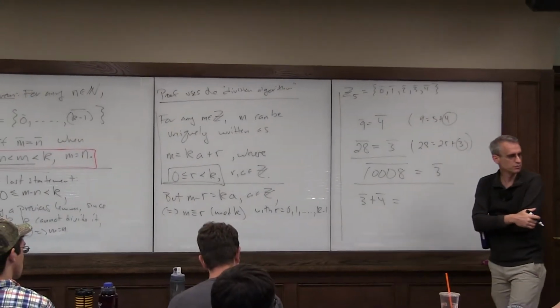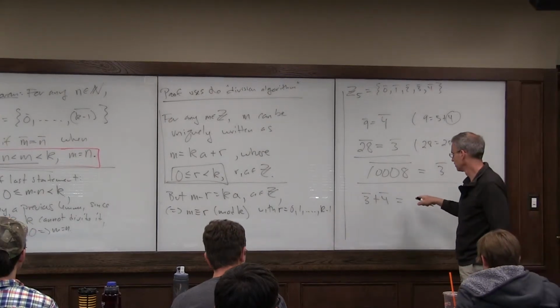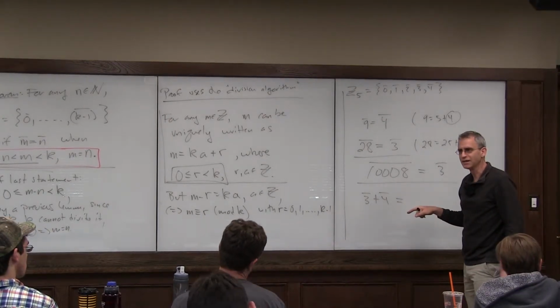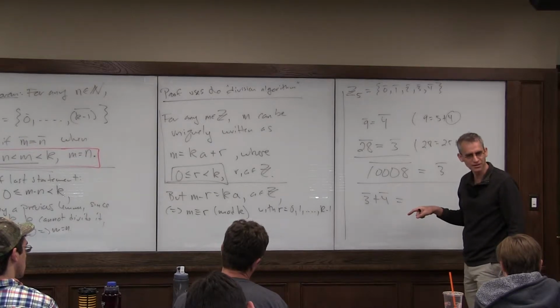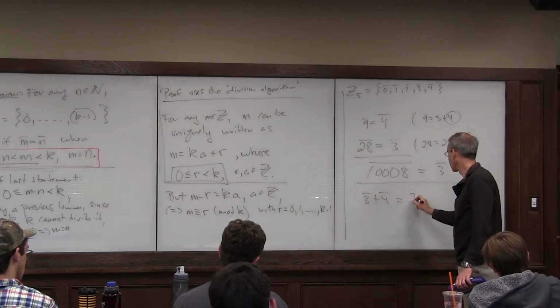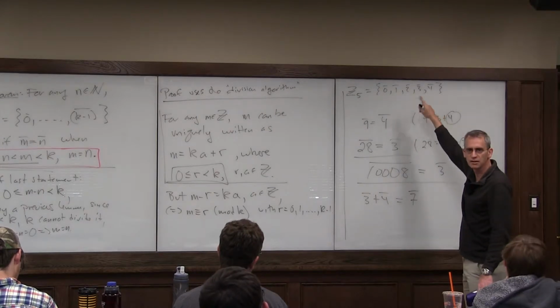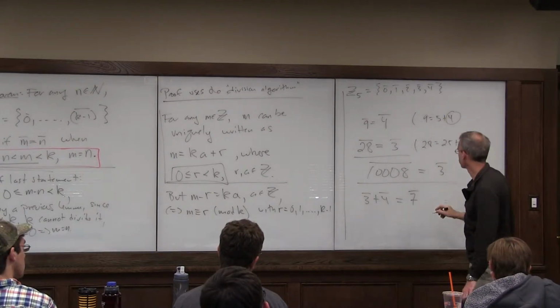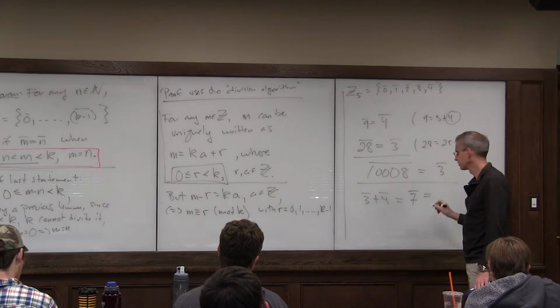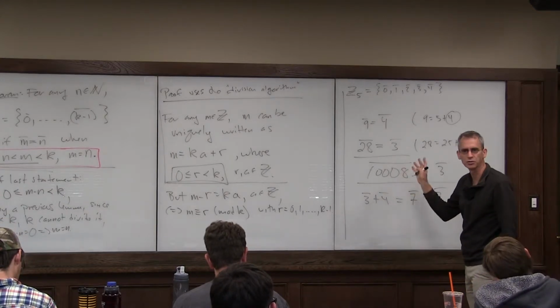If you were going to do things the way you would want to do them, and sometimes things do work out in math the way you want them to, what would you say that's equal to? 7 bar. But we want to stay inside this collection here, and 7 bar is equal to something in there, which is what? 2 bar, because 7 is 5 plus 2.